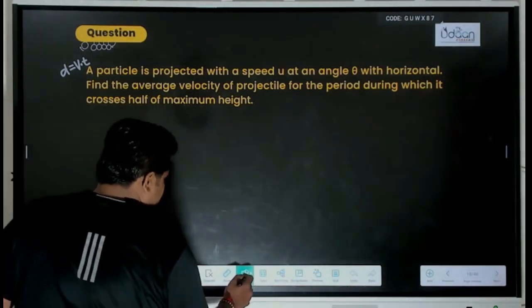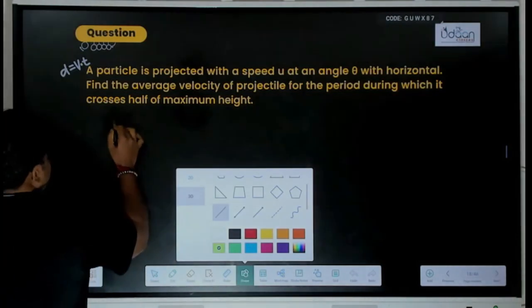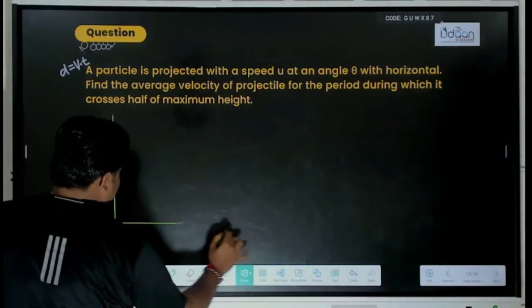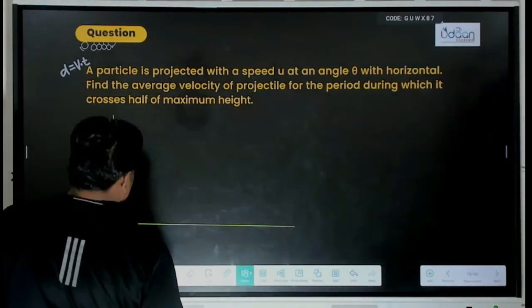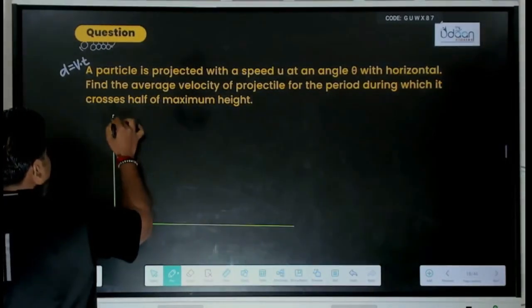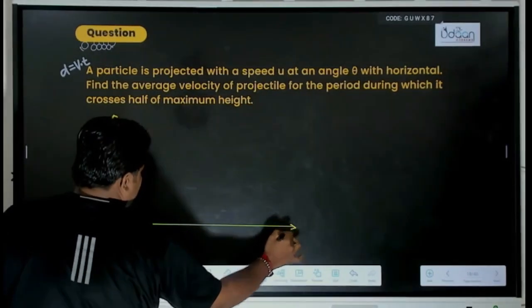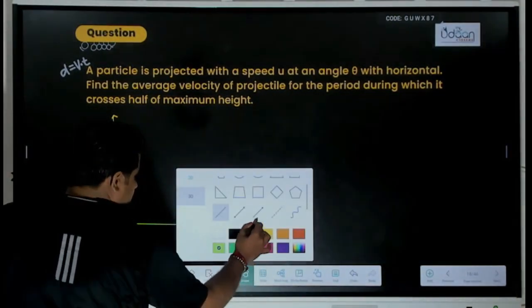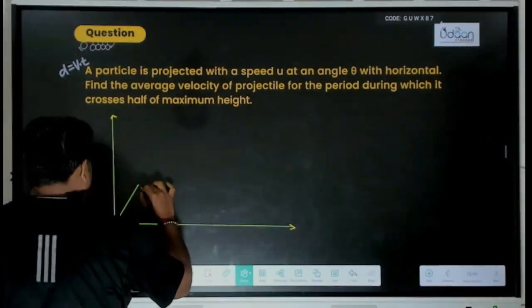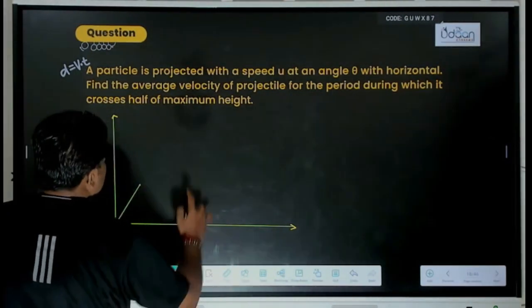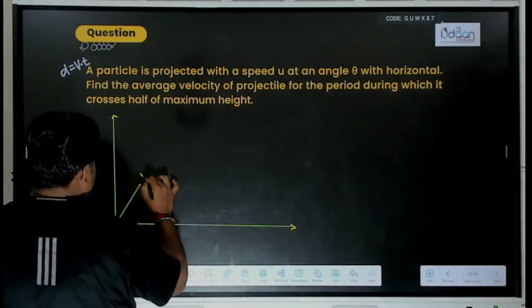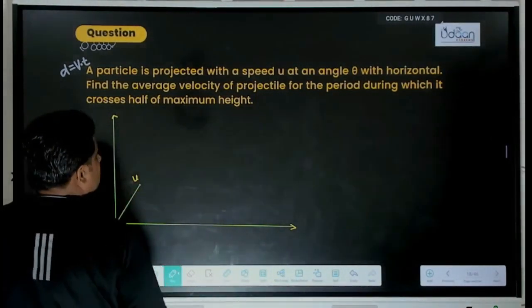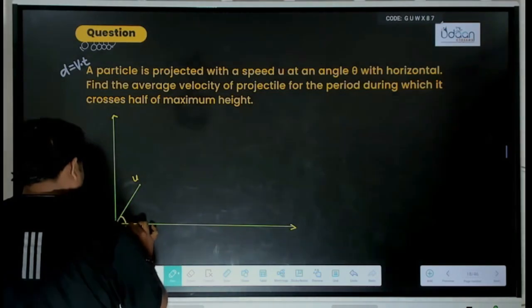It is saying that this is the y-axis and this is the x-axis, and the object has been projected with some speed u at an angle theta with the horizontal.